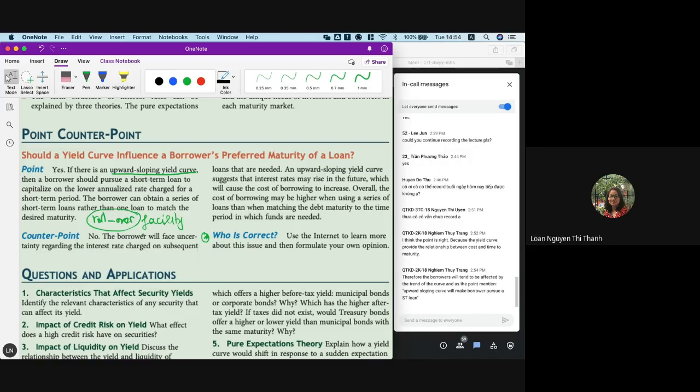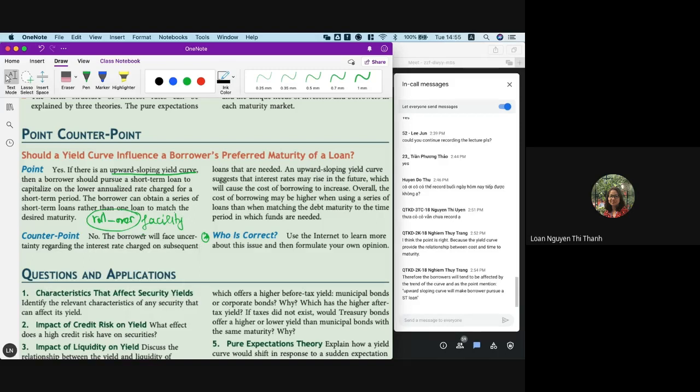And they can use the rollover facility to match the desired maturity. Many short-term loans roll over to long-term loans because they expect an upward sloping yield curve. The short-term rate will be lower than the long-term rate, right? So they prefer short-term.